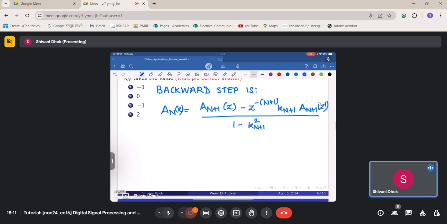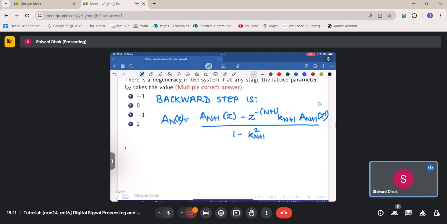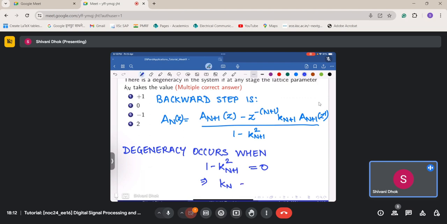We were discussing degeneracy. So this degeneracy occurs when 1 minus kn plus 1 square is equal to 0, which means that kn plus 1 can take value as plus minus 1 for all values of n.